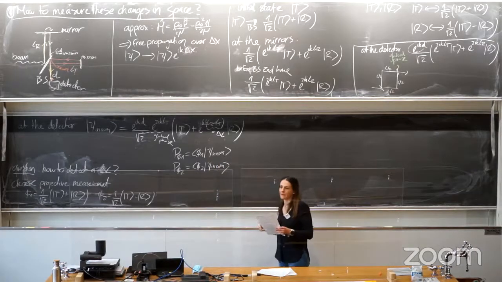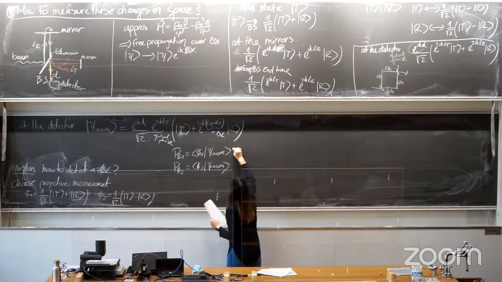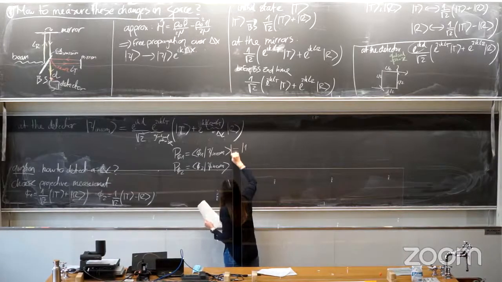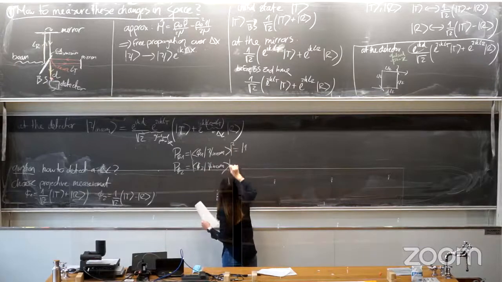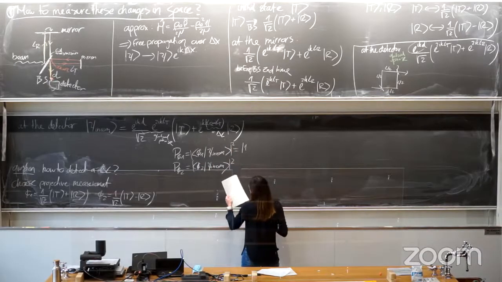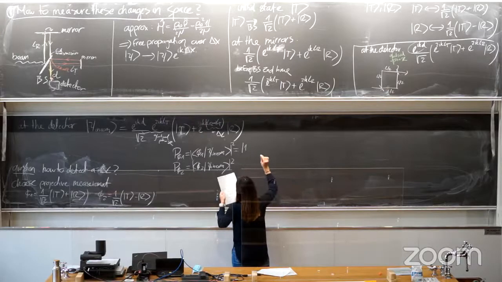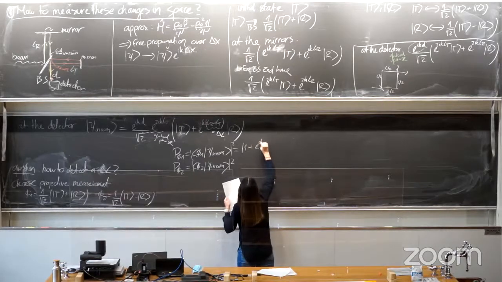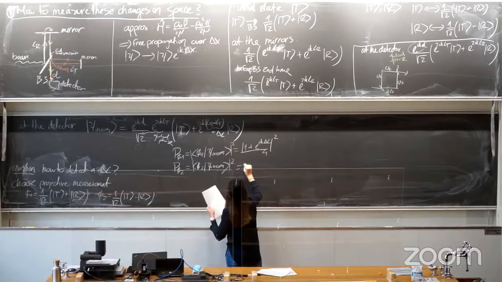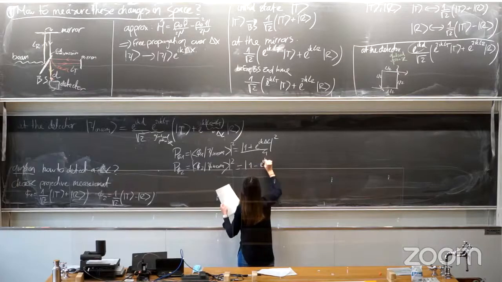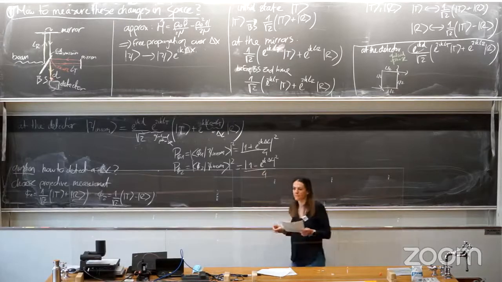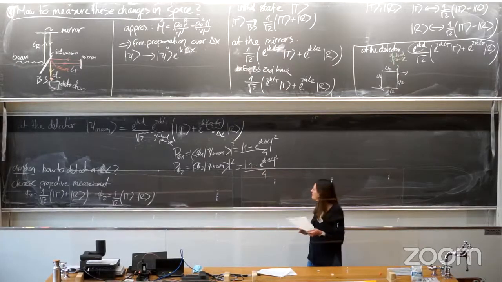And this gives me, squared, the first: 1 plus e to the ik delta L squared divided by 4, and the second: 1 minus e to the ik delta L squared divided by 4. This is a simple calculation and I'm not doing the steps. You can check it at home if you want.